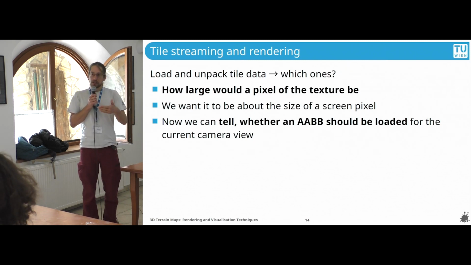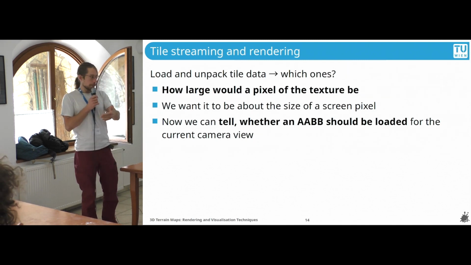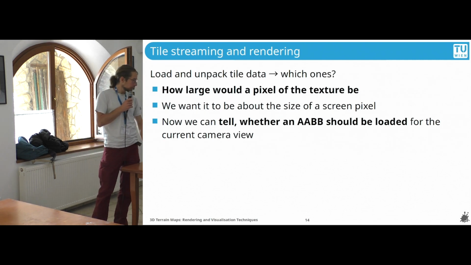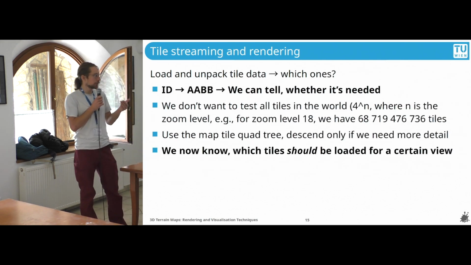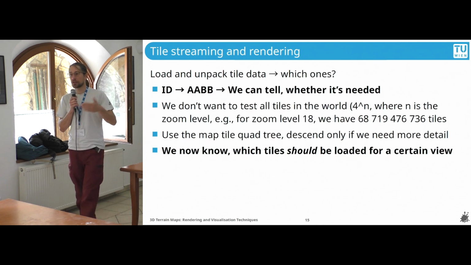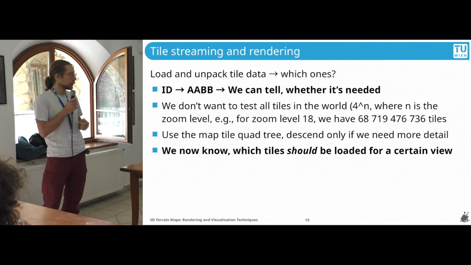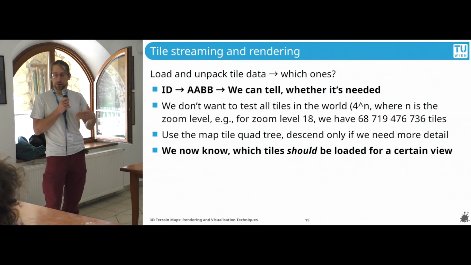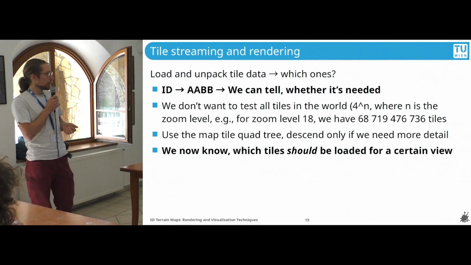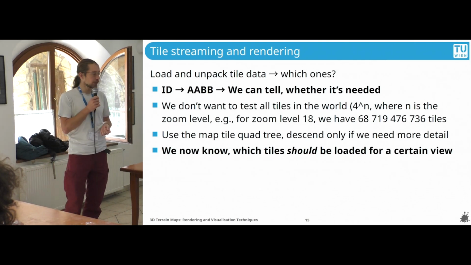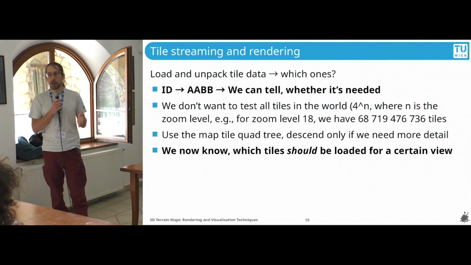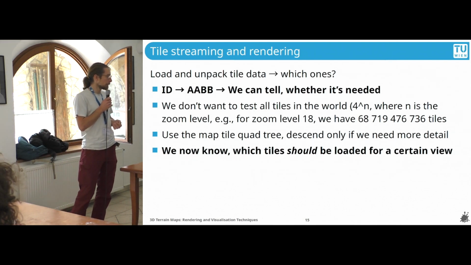So this tells us whether we should load this tile, but it doesn't completely solve the problem, because we can't simply go through all tiles. For instance, for a zoom level of 18, which is entirely realistic for us to display, we have, I think, 68 billion tiles in the world. We can't iterate through all of them.